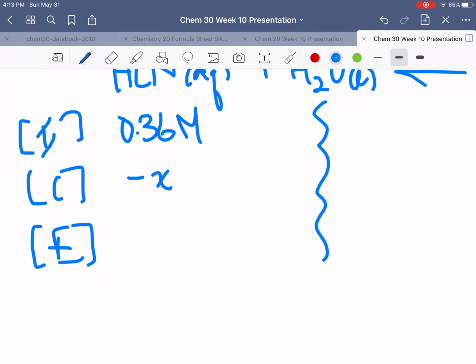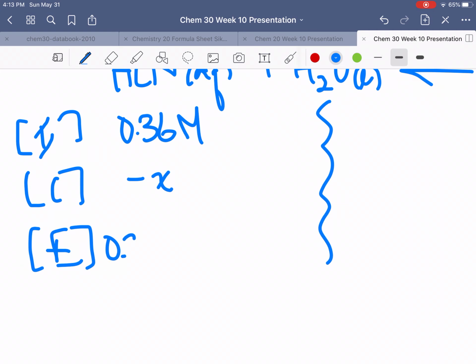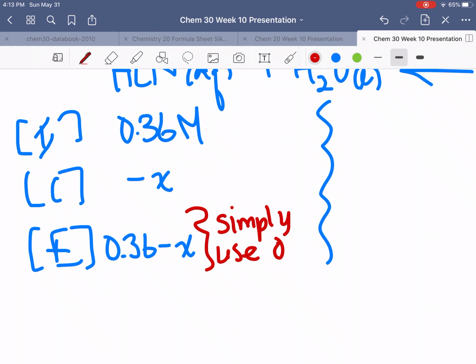Well, technically, it is 0.36 minus X. But what I'm trying to tell you is that is going to make such a small difference. It's really not going to change us numerically. So instead, we simply use 0.36. And that, folks, is extremely important for you to recognize.